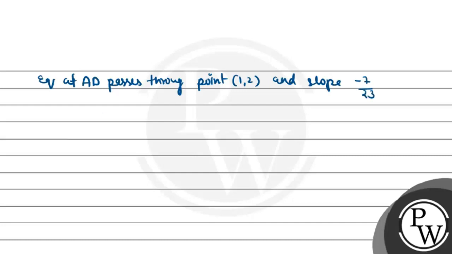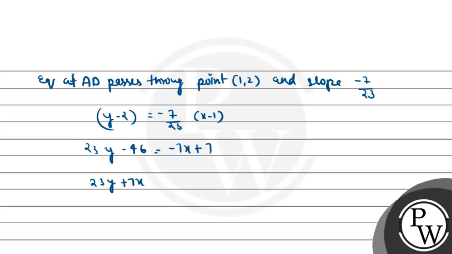So our equation will be y minus 2 is equal to minus 7/23 into (x minus 1), and that will be 23y minus 46 is equal to minus 7x plus 7. So that will be 7x plus 23y minus 53 is equal to 0. So our equation will be 7x plus 23y is equal to 53. So that is our second equation.